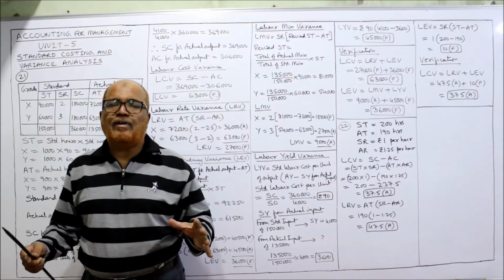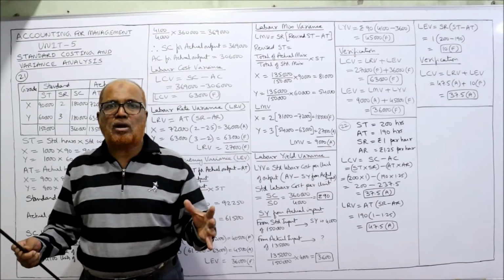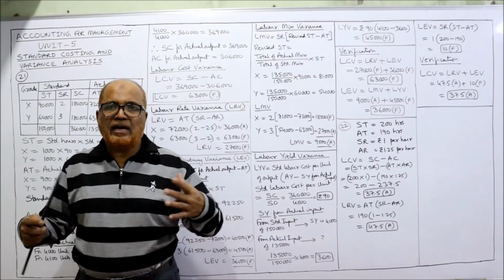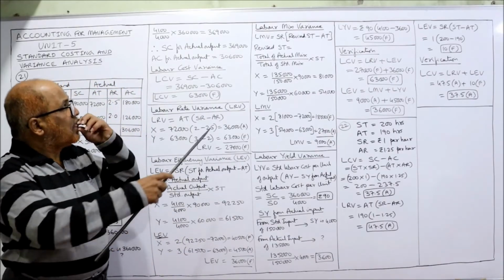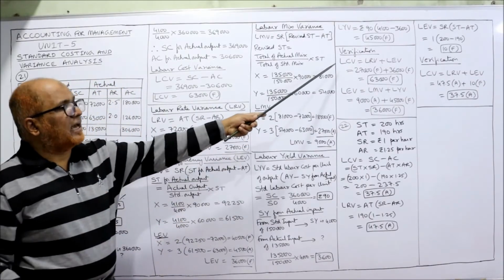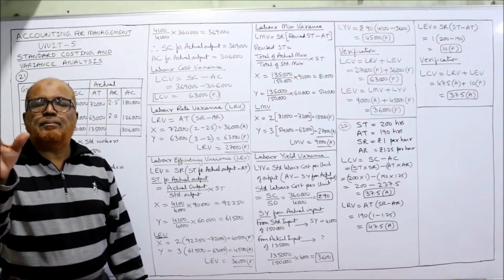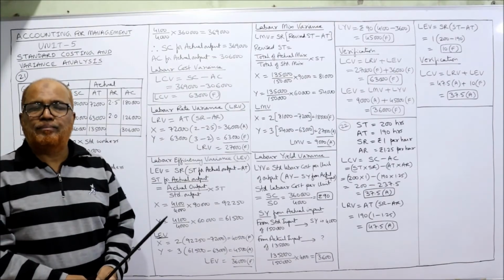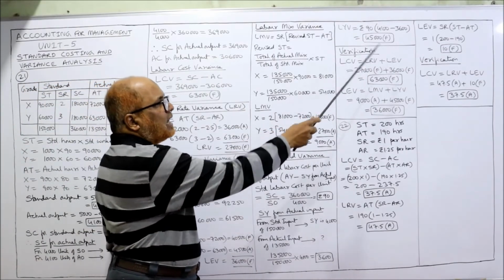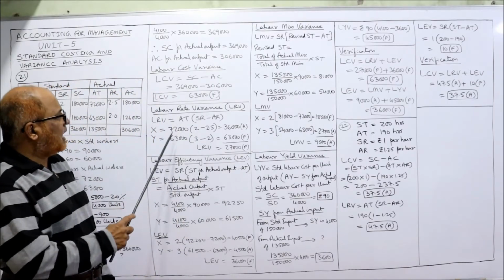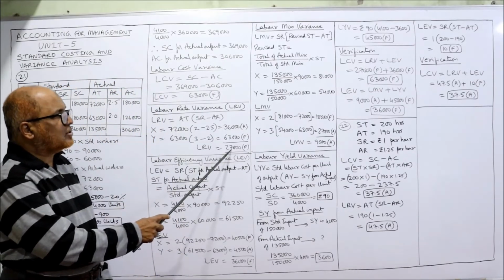Now we want to verify whether our calculations are correct or not. We can verify ourselves. Now, how to make the verifications here? LCV is equal to LRV plus LEV. How much is LRV here? 27,000 favorable.